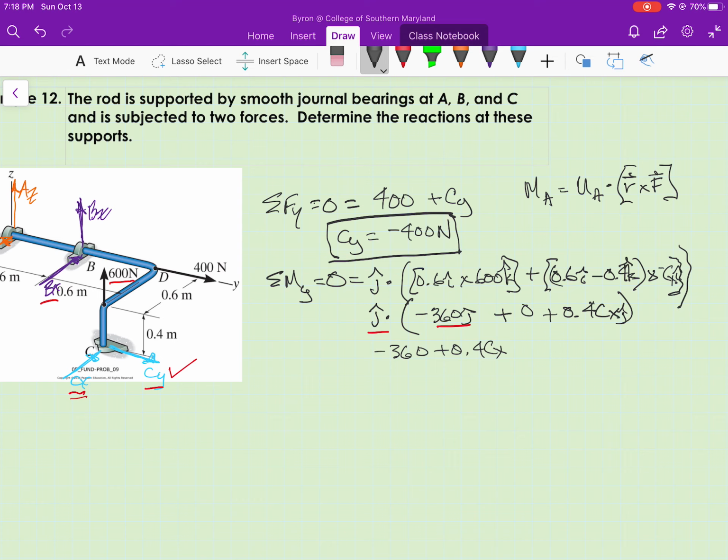Remember, it's just a scalar. Okay, so all that equals 0. So therefore, we can do the math and find out that c sub x equals 900 newtons. Okay, so I found c sub x.